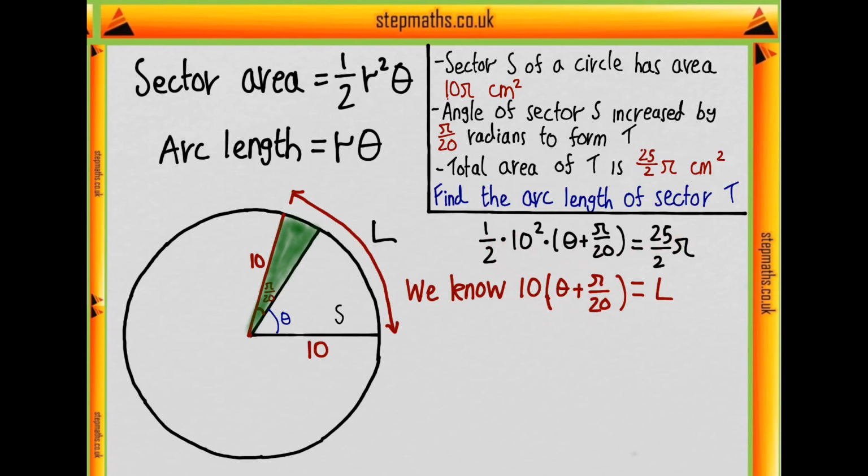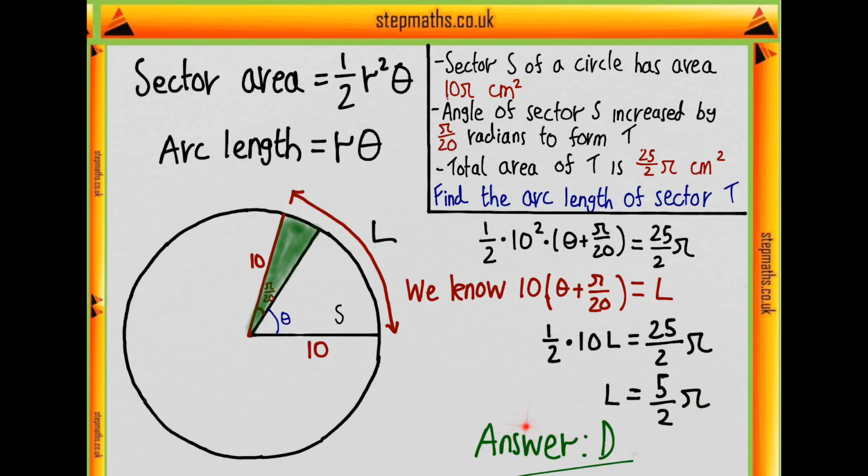If we sub this into an equation in L, we just have to rearrange that and then we'll have L. So this becomes a half times 10L is equal to 25 over 2 pi. So L is equal to 5 over 2 pi, just rearranging that, because we can cancel the 2's and then divide through by 10. We get 25 over 10, which is 5 over 2. So if L is 5 over 2 pi, that's good because one of our options is D. So our answer for the arc length is D.